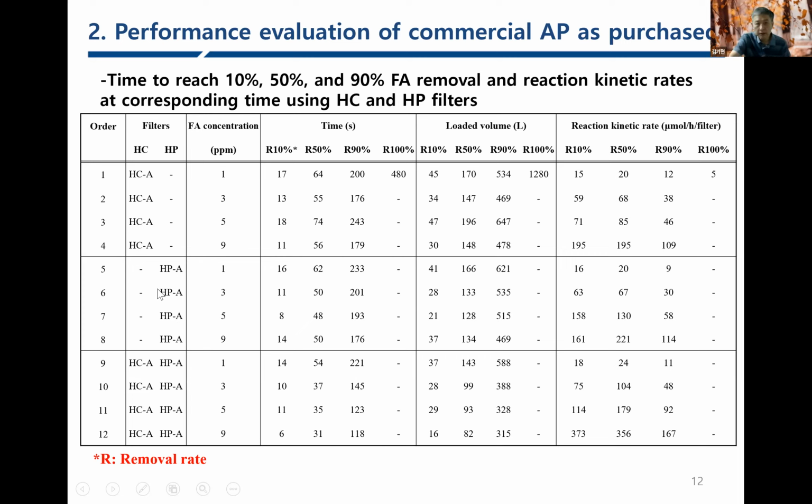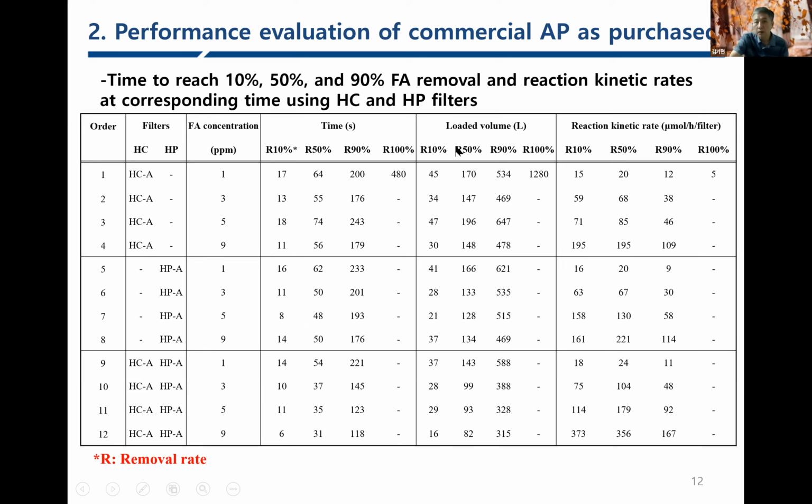Using these 3 different systems, we tested 4 different concentrations, and then we checked the performance of each operation in terms of 3 different performance metrics. First, time of removal. So to reach 100% removal, how much time does it require? 10%, 50%, 90%, 100%.